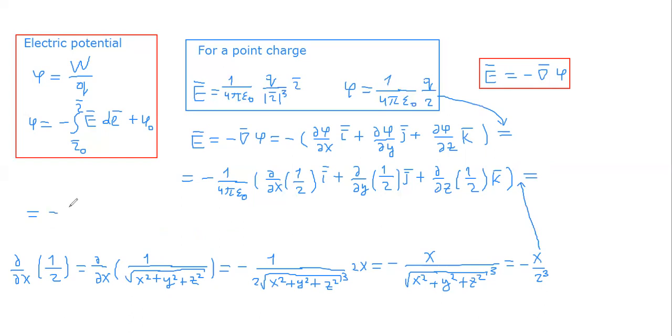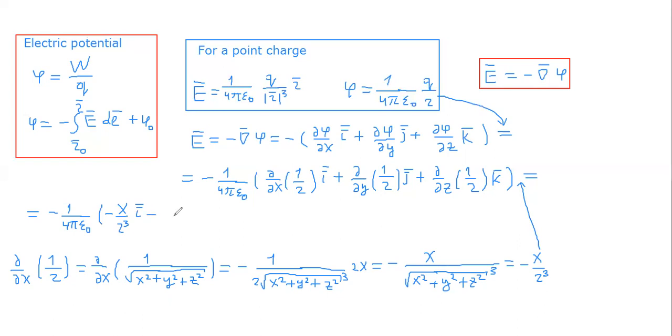It will be minus 1 divided by 4 pi epsilon 0, and here we have minus x divided by r in third order, and in the same way we can calculate the other terms.